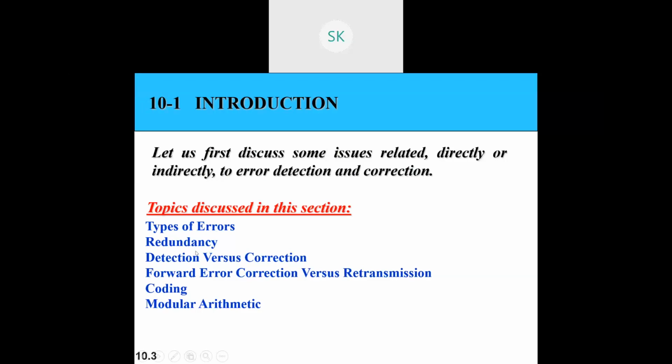For that, one topic we need to know is redundancy. What is redundancy? Adding some extra bits to the actual data that you are sending. Without that, error detection and correction cannot be achieved. So redundancy plays a vital role. And then what is detection? What is correction? We have already seen it on a lighter note. We will see detection and correction in depth with respect to our topic.